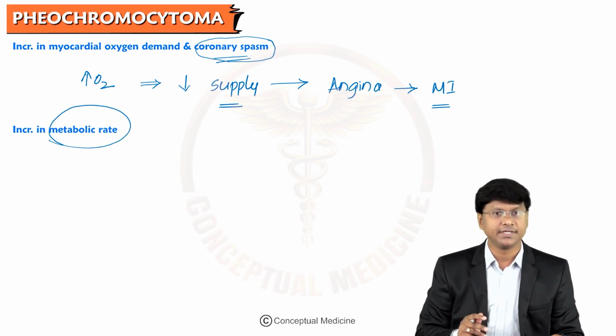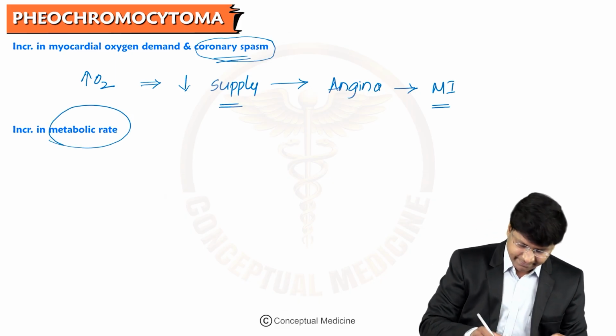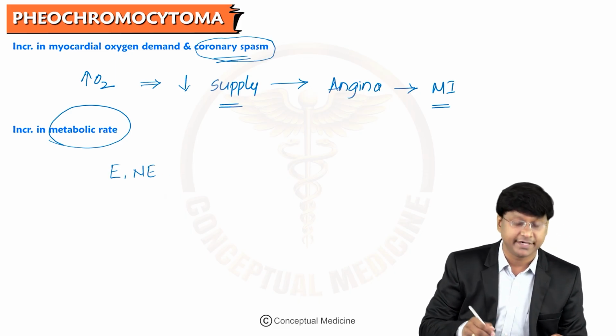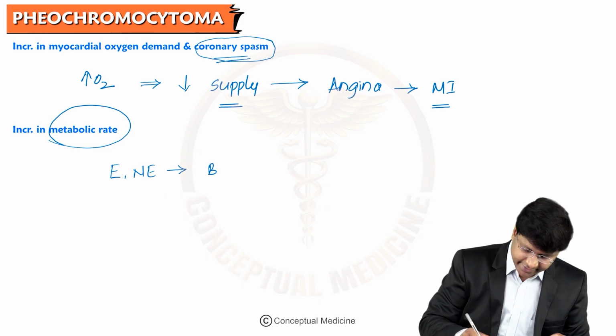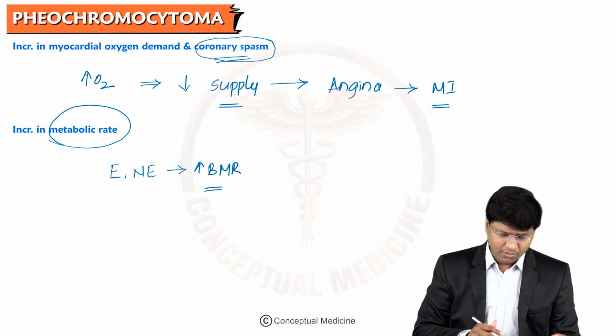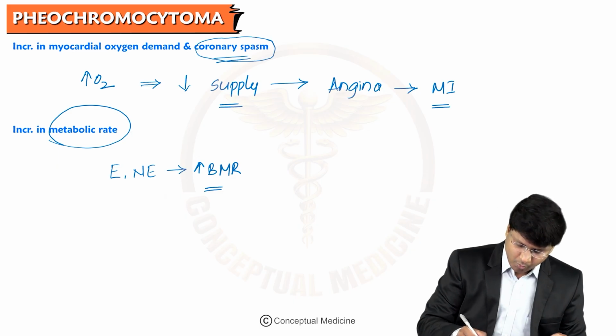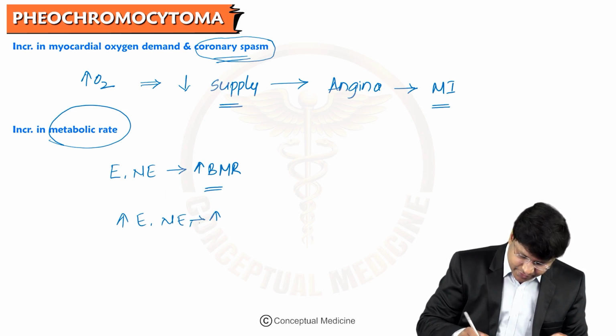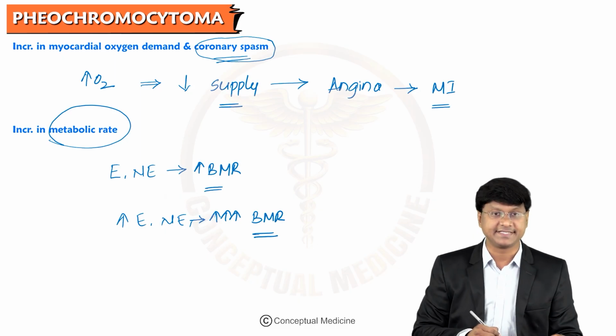Next, coming to the increased metabolic rate. Please remember the basic physiology of epinephrine and norepinephrine on the basal metabolic rate of the individual: epinephrine and norepinephrine increase the basal metabolic rate. So in pheochromocytoma, what will happen when there is increased epinephrine as well as norepinephrine? There will be an excessive increase in the basal metabolic rate.